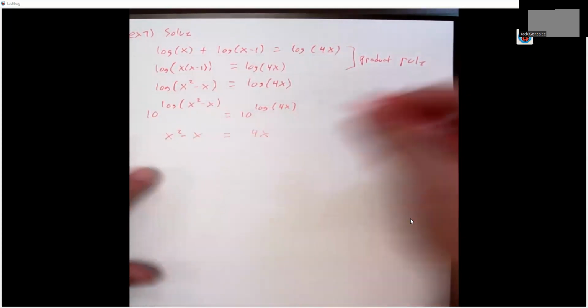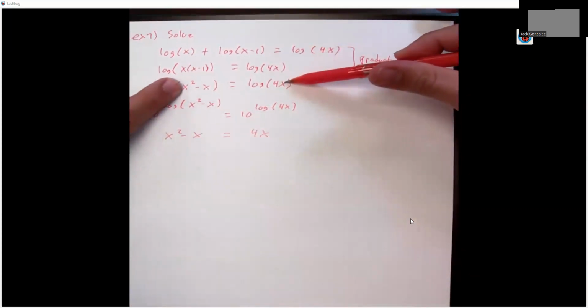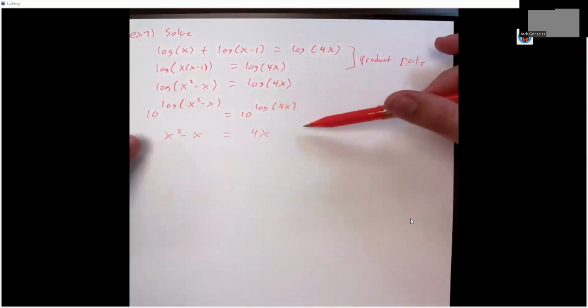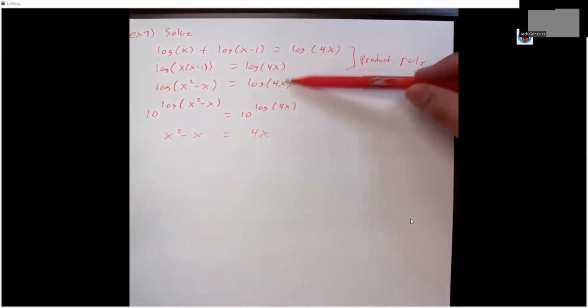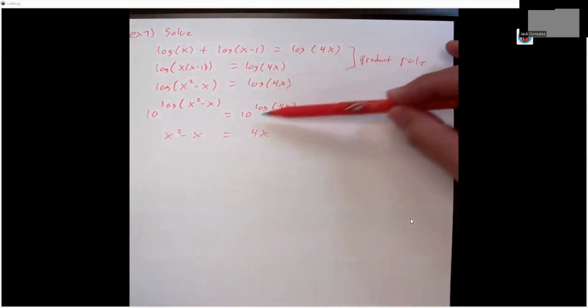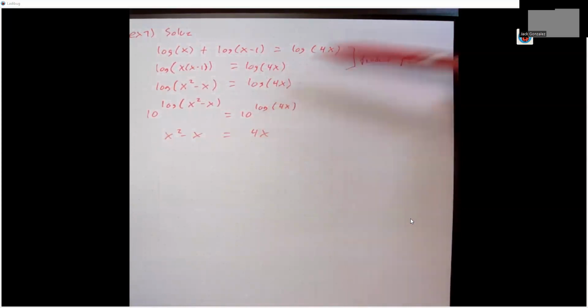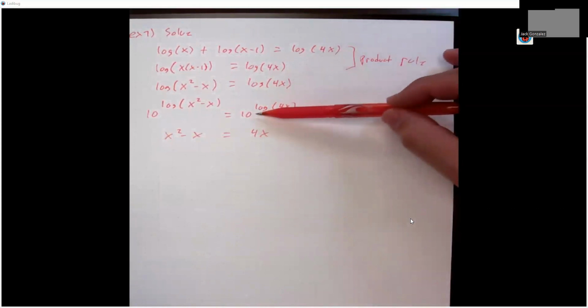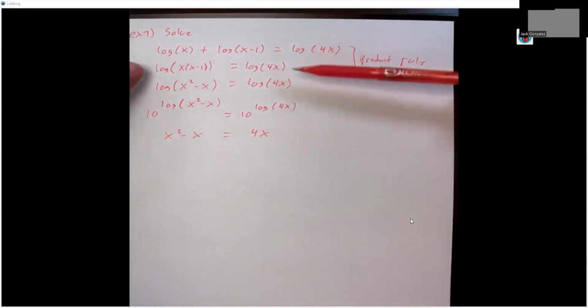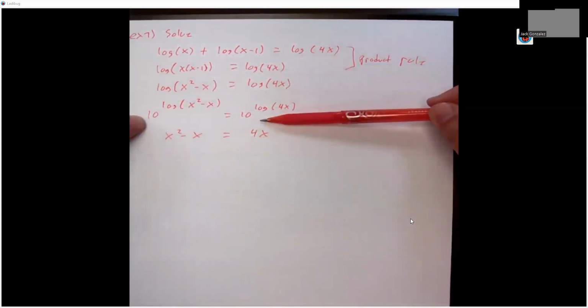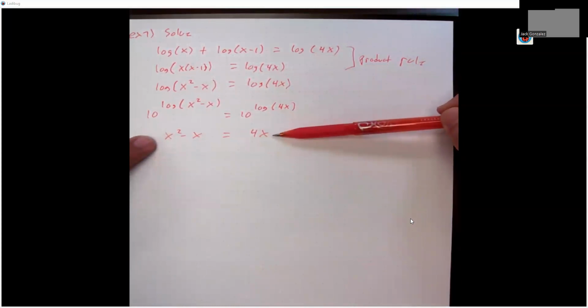So the question becomes, why can't I just set these arguments equal to each other? I mean, you can, by definition, but if there's no log on one side, then it's a little trickier. So that's why using this base will keep you straight. It'll work out all the time this way. And I'll show you in the next example what I mean, but for now, these are the steps. Introduce the base to cancel whatever we're talking about, and then solve for x.